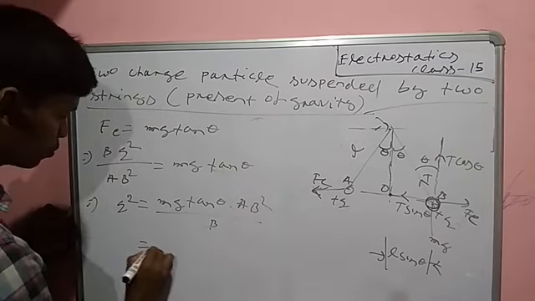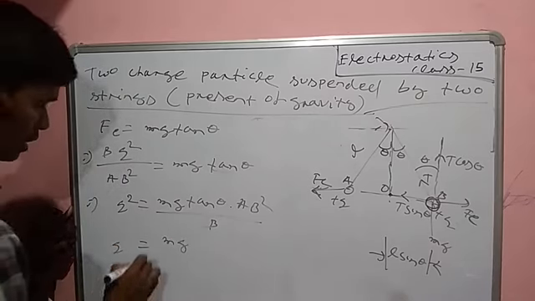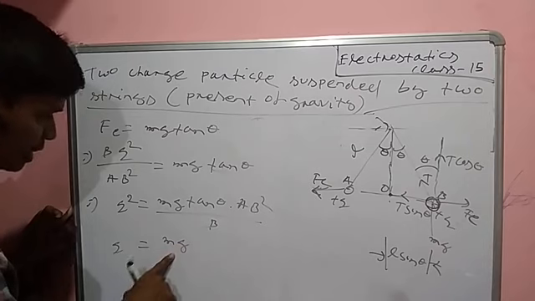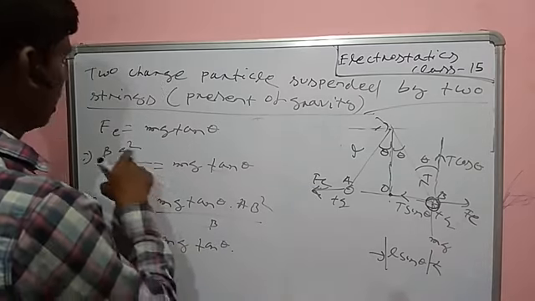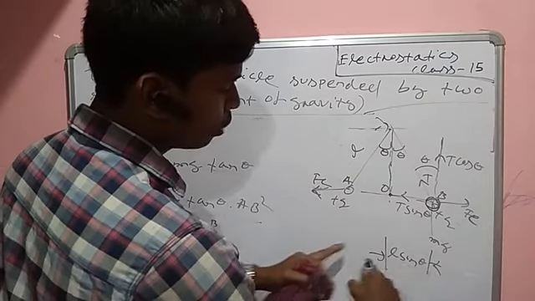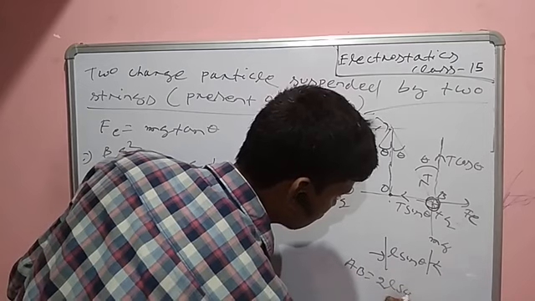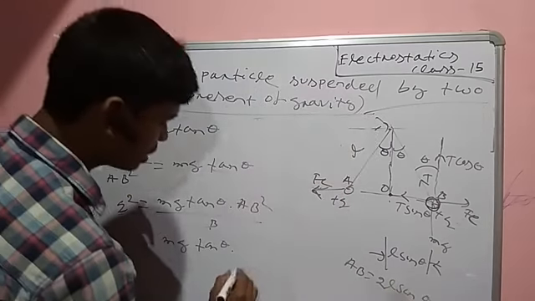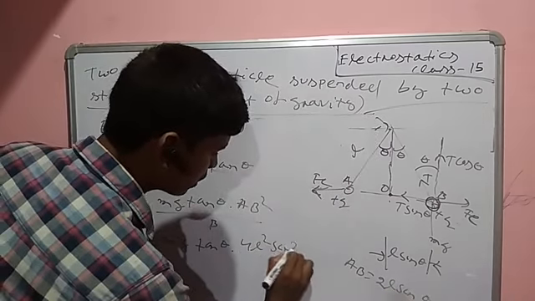So q square is equal to mg tan theta into AB square by k. AB means 2L sin theta, so AB square is 4L square sin square theta.